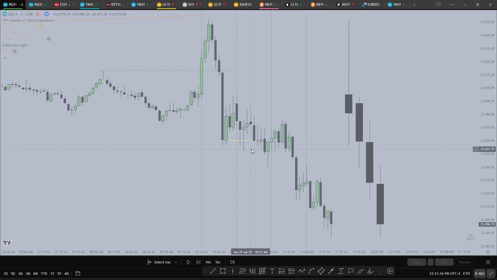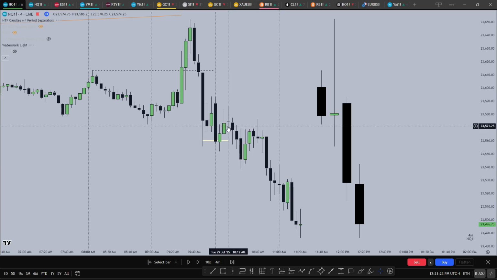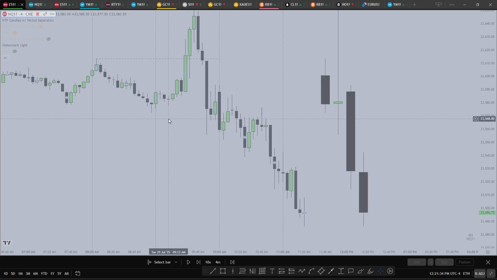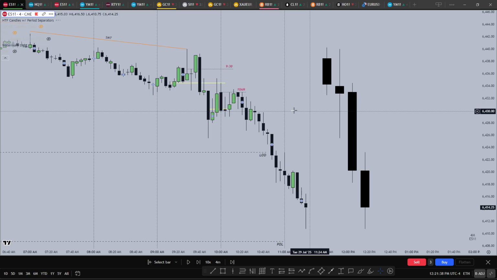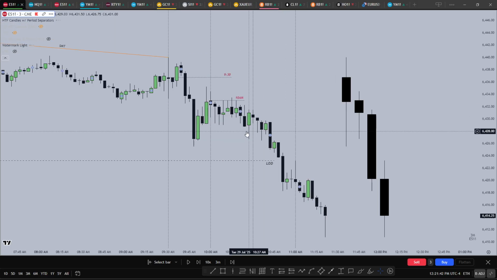But if I have a look at M5, there weren't any clear opposing candles. Then I switched between M3 and M5. There was a clean opposing candle and clean closure through. So I just take it. And if we have a look at ES M3 and M5, you could tell why I wasn't much willing to take it.